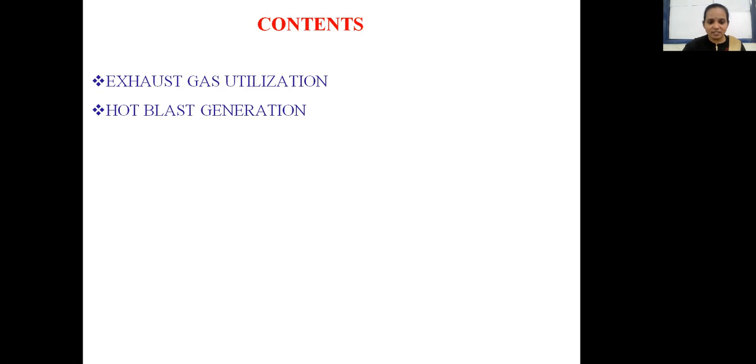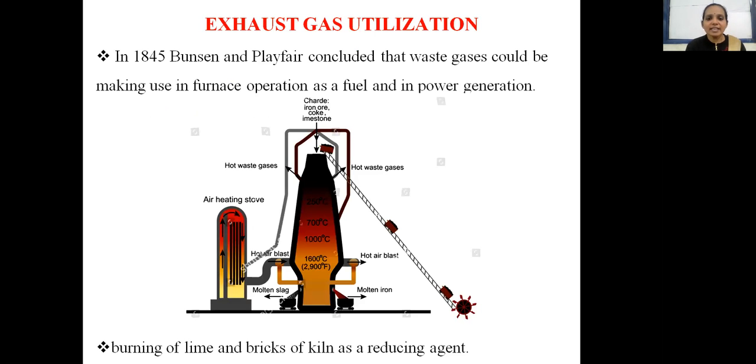Let's discuss in this session exhaust gas utilization. In 1845, Bunsen and Playfair concluded that waste gases could be used in furnace operation as a fuel and in power generation.